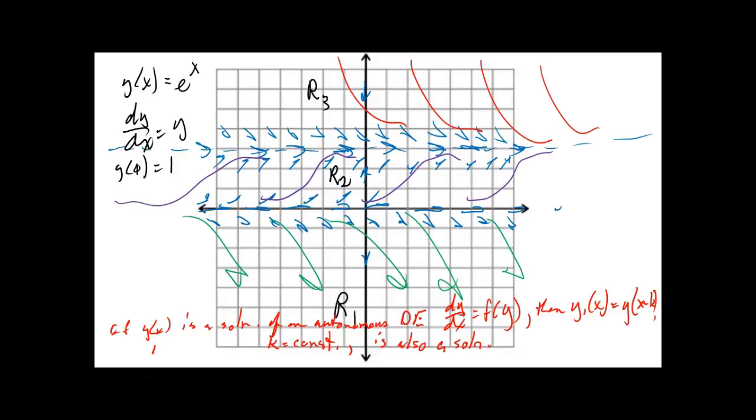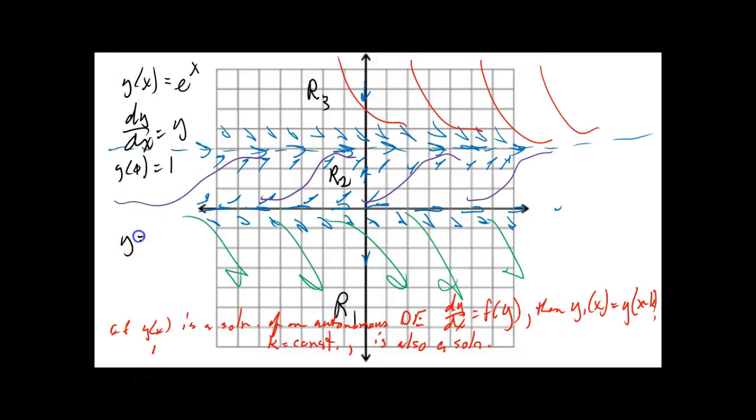Okay? Well, what would happen if, let's see, so another solution, not of the same differential equation, but a different one. I mean, same differential equation, but with a different initial condition.